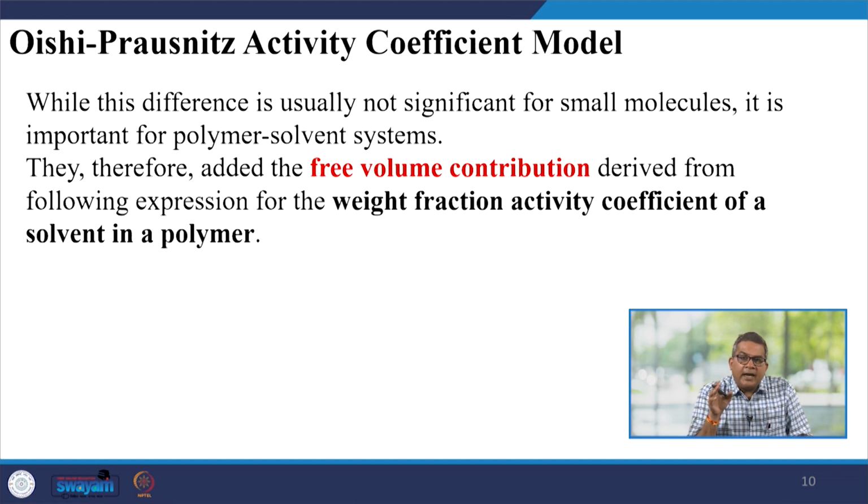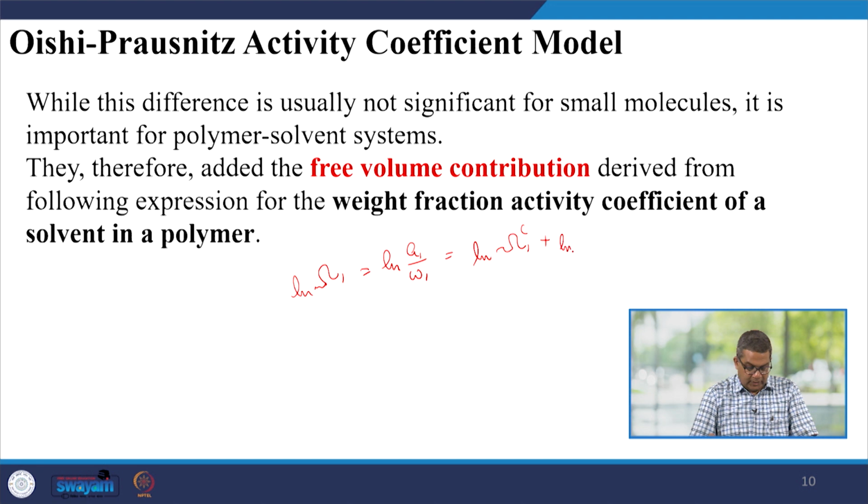Now, they therefore added a free volume contribution derived from the expression for the weight fraction activity coefficient of a solvent in a polymer. So, ln omega 1 is equal to ln a1 over w1, which is equal to ln omega 1 C plus ln omega 1 R plus ln omega 1 Fv.